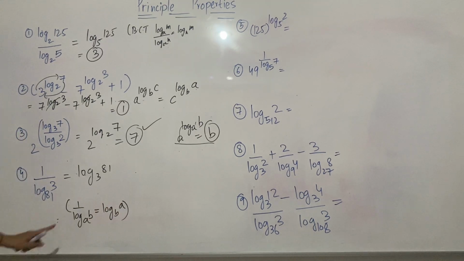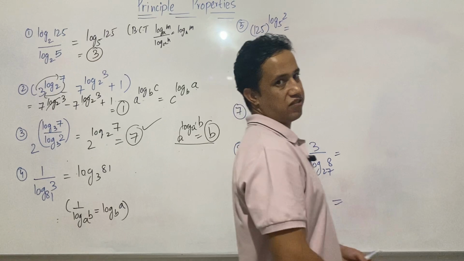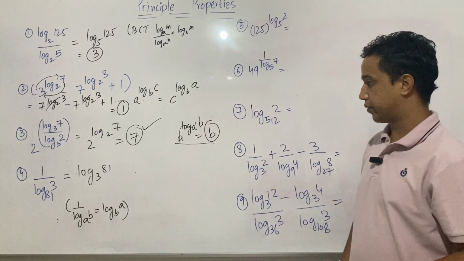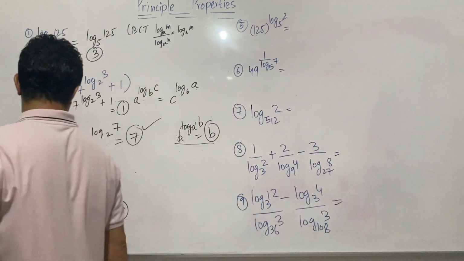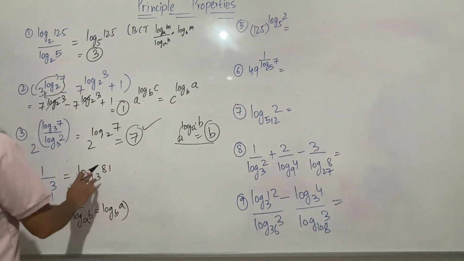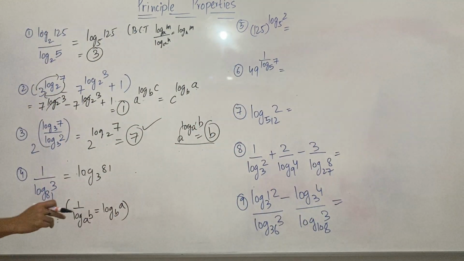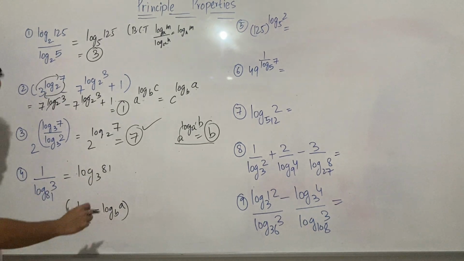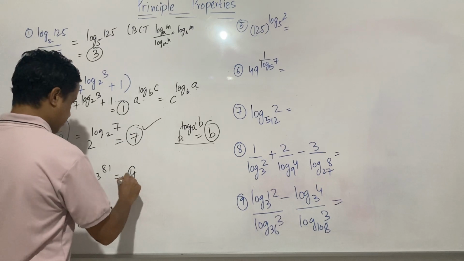Okay, so this is the implementation of the base change property. This is also a principal property of logarithm. Okay, so now here, to what power should we raise this 3 to get 81 as your answer? So the answer would be 4.